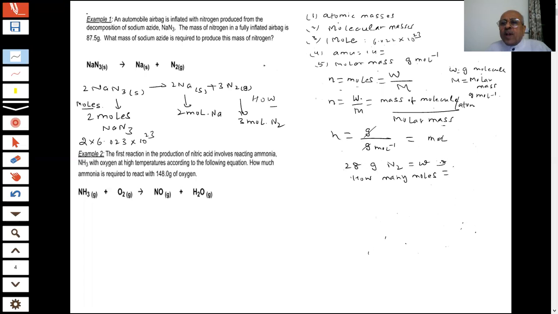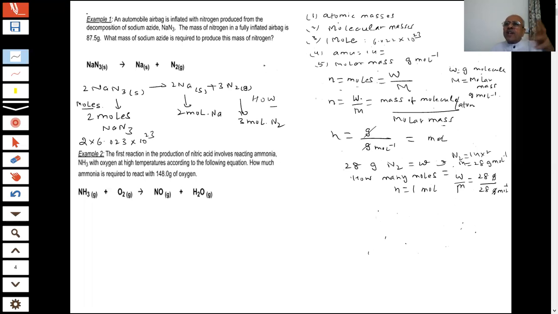What is the molar mass of N2? 14 into 2, 28 gram per mole. So I will divide W by M. W is 28 gram, given to me, and M is 28 gram per mole. So n equals 1 mole.